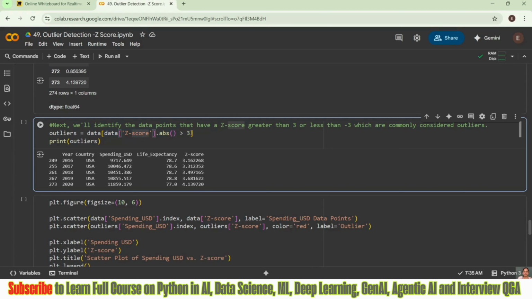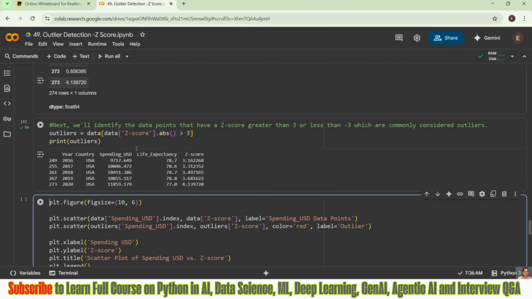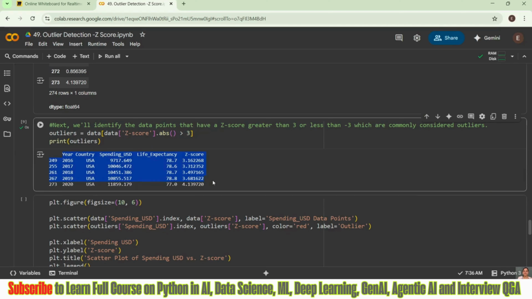Here I am saying all my values should be greater than 3. I do not have to check minus 3 because I have already taken the absolute value, so I only check plus 3. I got 5 values here, guys.